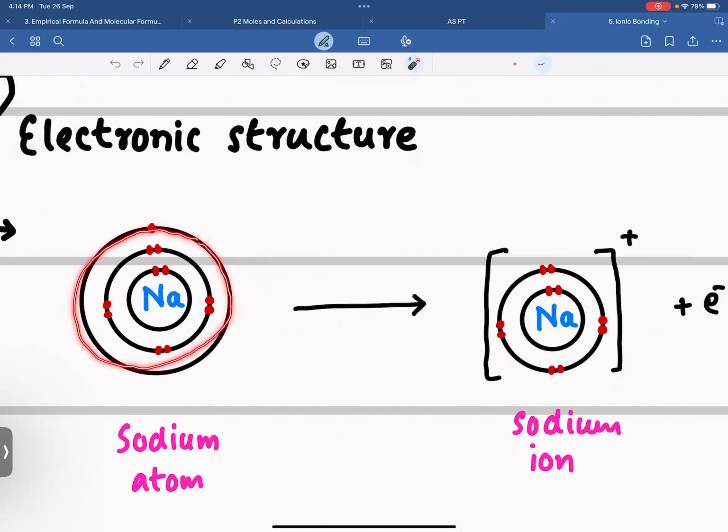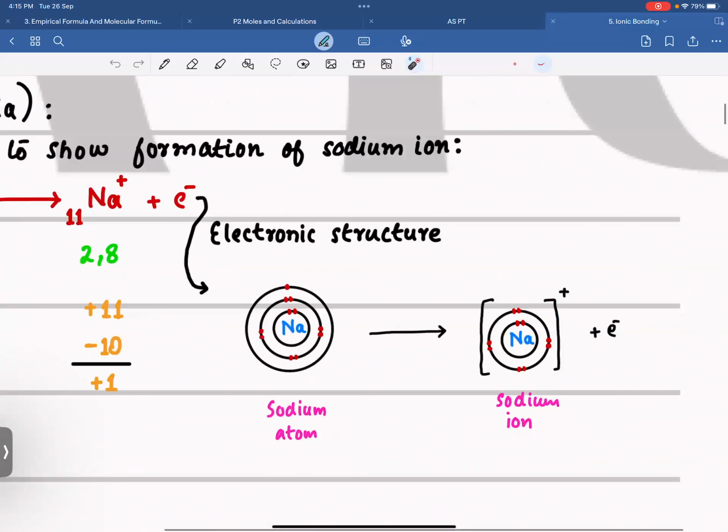To become stable, it loses this 1 electron, and that electron is no longer part of the atom. When it is removed from the atom, that atom turns into a sodium ion. Whenever we draw the electronic structure of any ion, we enclose it in square brackets like this, and we put a charge. The charge on the sodium ion is plus 1 because there is 1 electron fewer than protons.